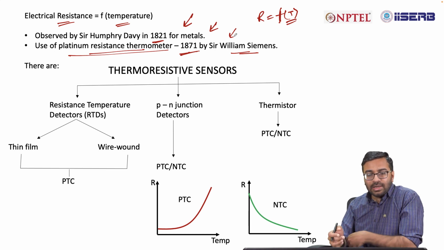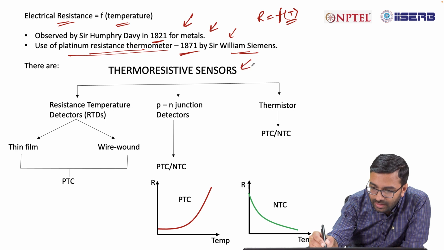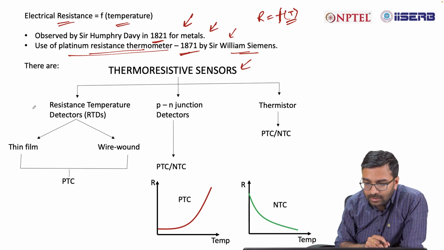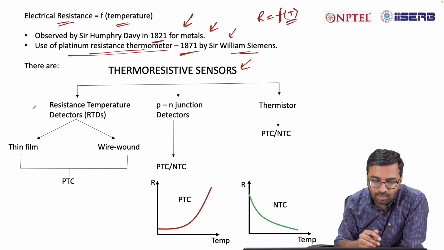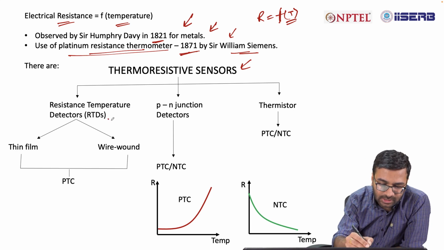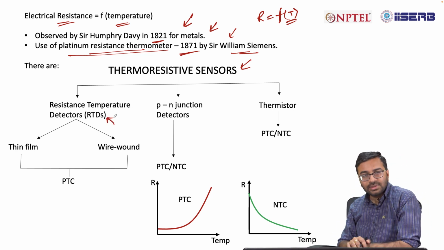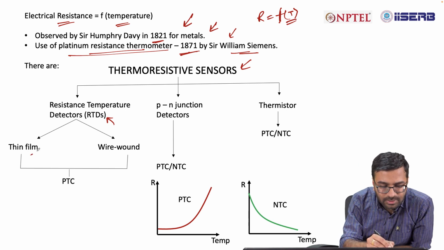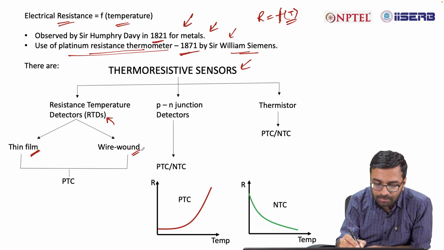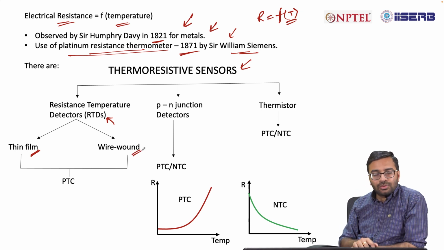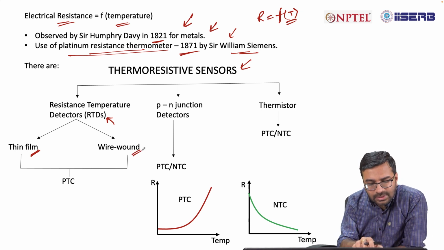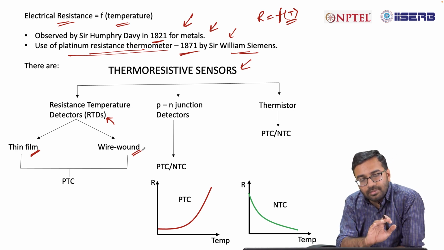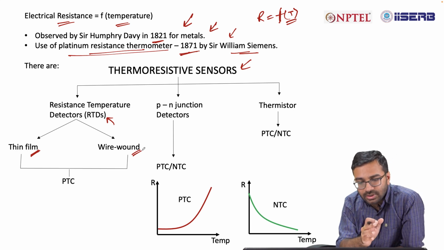In that respect, thermoresistive sensors can be divided into three different subcategories. The first one is resistance temperature detectors, also known as RTDs, and RTDs can be of two types, thin film based and wire wound type. In both cases it is a resistance temperature detector that detects the temperature based on the change in resistance.